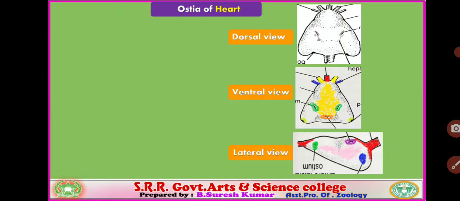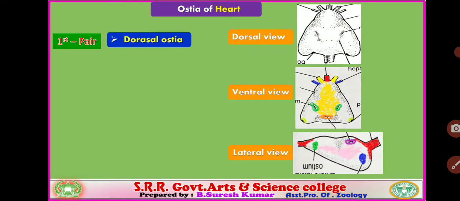So some ostia are located on the dorsal surface, some on the ventral surface, and some on the lateral surfaces. So you verify each and every ostium. The first pair is dorsal ostia. One pair of dorsal ostia is present on the dorsal side. You observe this arrow mark. They are dorsal ostia. Followed. Right.